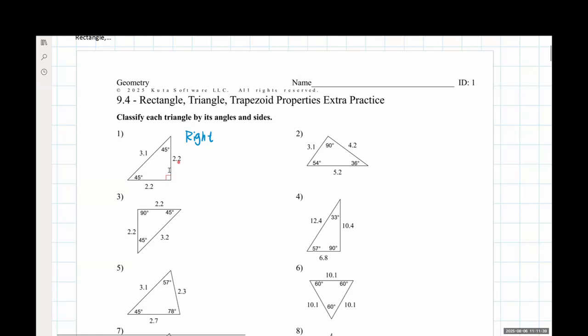I'm seeing that two of these are the exact same as one another. This can sometimes be denoted as having the little lines going through that. So if I have two of the side lengths that are the same, then they're equal to one another. That means we are going to have an isosceles triangle. Two of the side lengths are equal, an isosceles triangle, exactly.